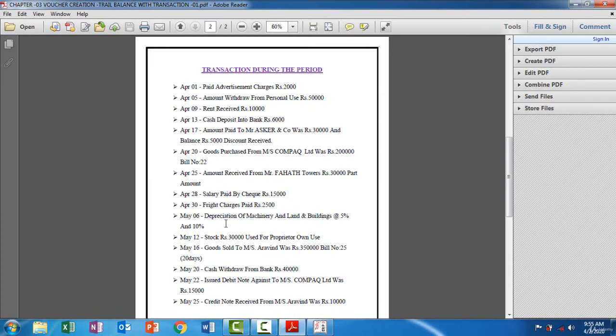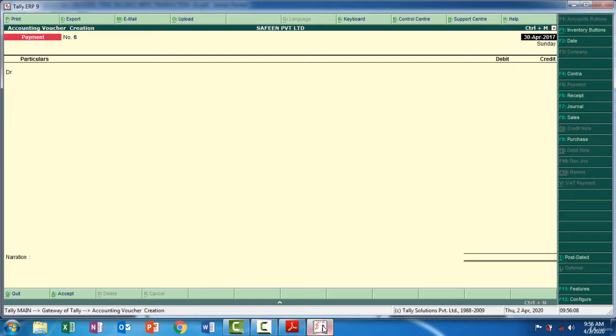So the transaction double entry is depreciation account debit and particular asset account credit. So that's the double entry, so I'm going to record it into Tally.